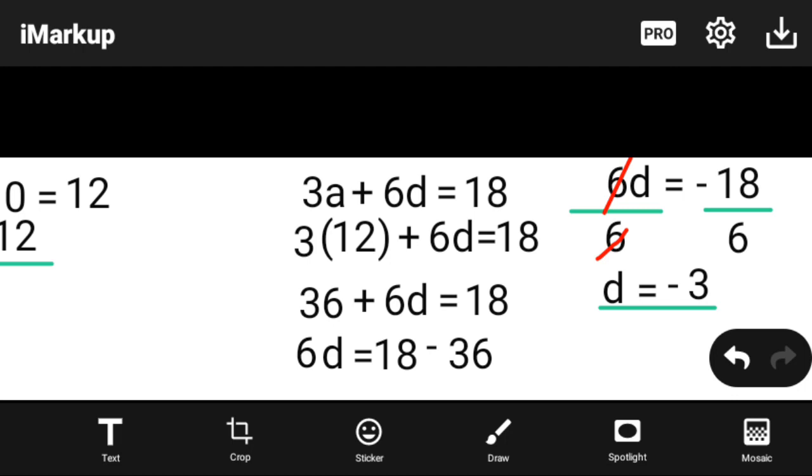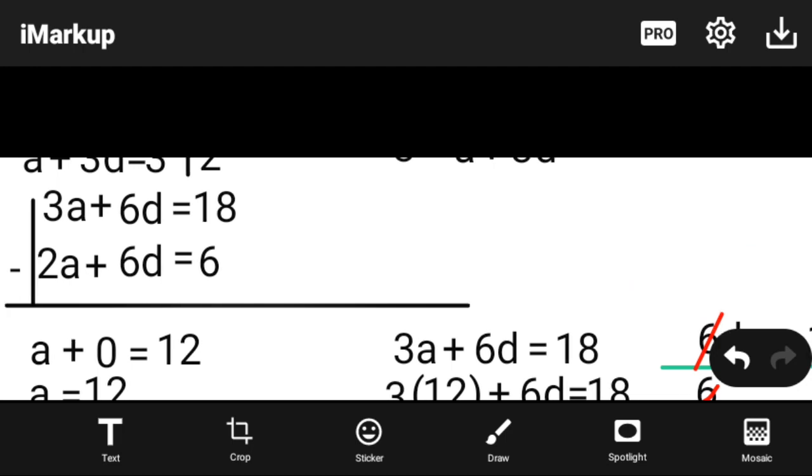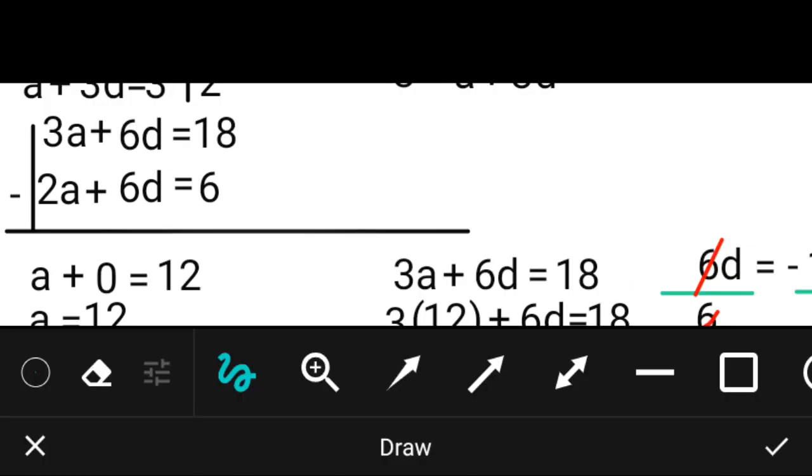Here again, if you want to use this other equation, you can also use this other equation down here to find the value for d.